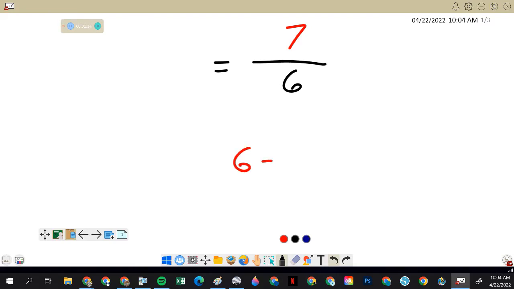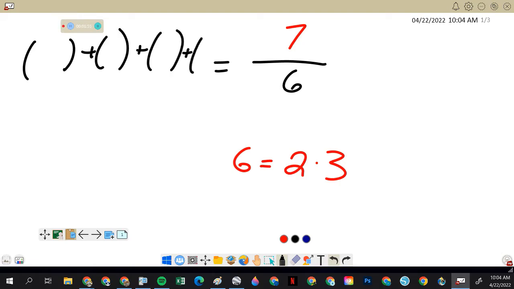So 6 has prime factors 2 and 3. Now, how many fractions can we add together to get 7 over 6? An infinite number, right? So there are an infinite number of ways to do this. So we need to set some rules.